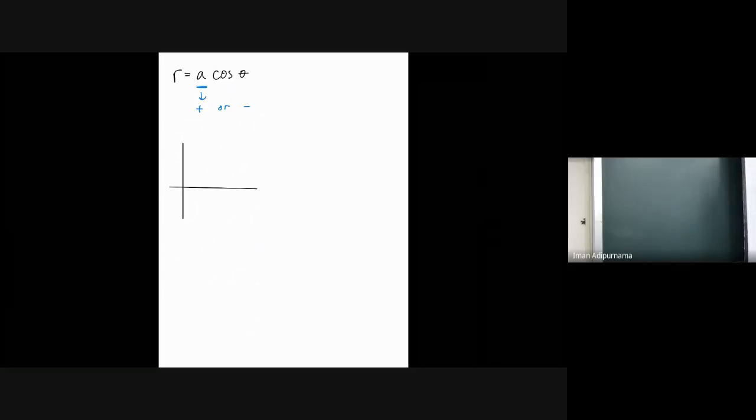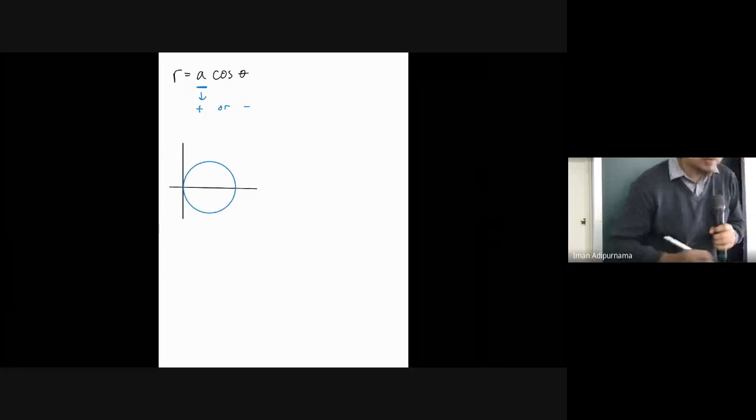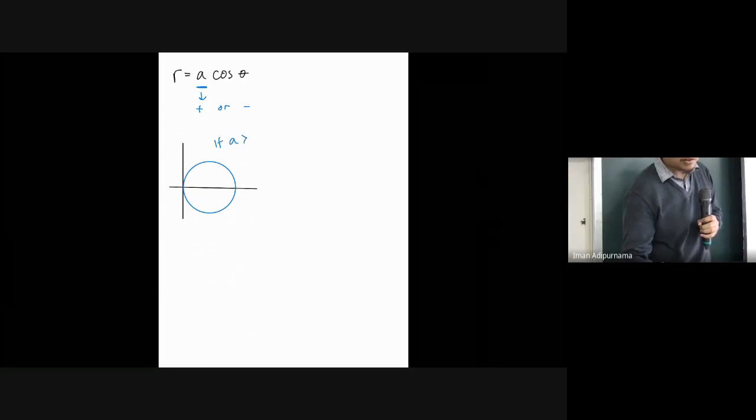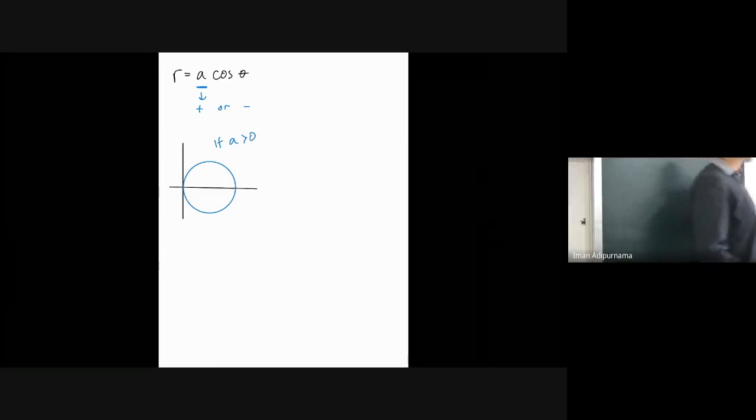So a cosine theta, as I mentioned, will look like the circle. If A is positive, we will go here.